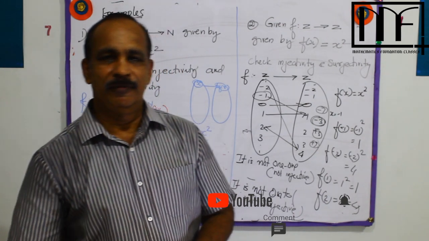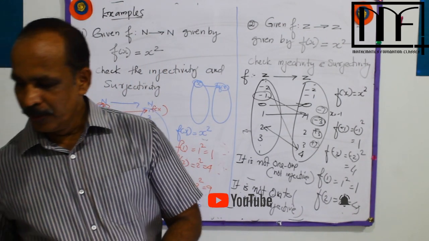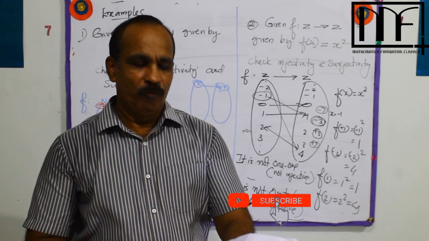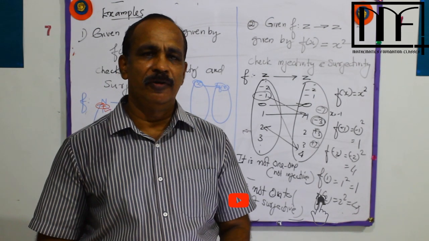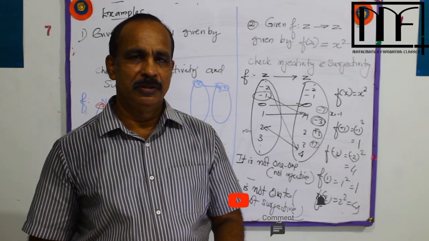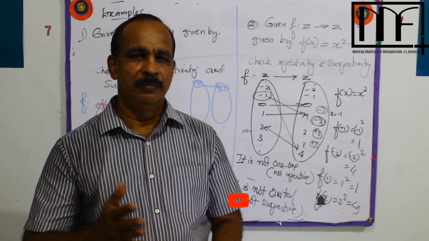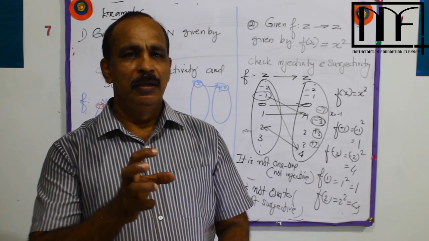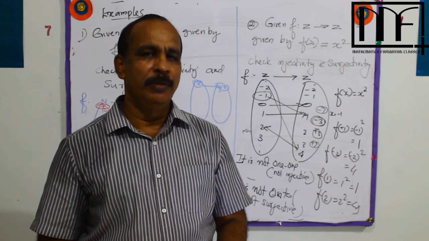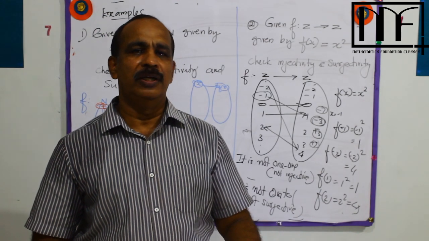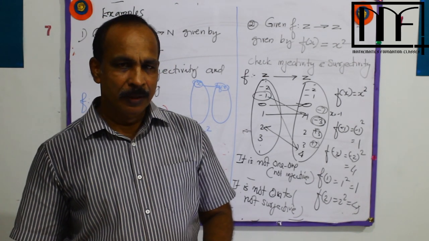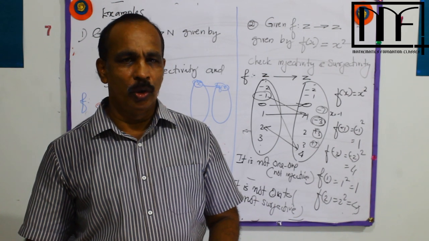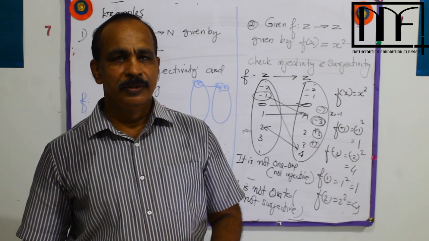Then we learned the types of functions. One is called an injective, or one-one, function, where all the elements have their own distinct images; if it is not one-one, it is called a many-one function. The second type is called an onto function, that is surjective.